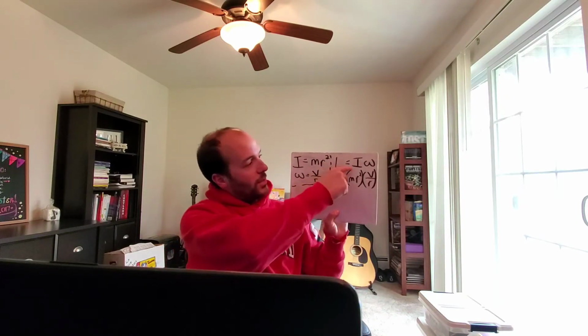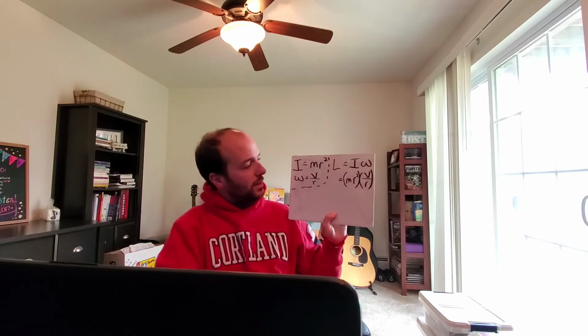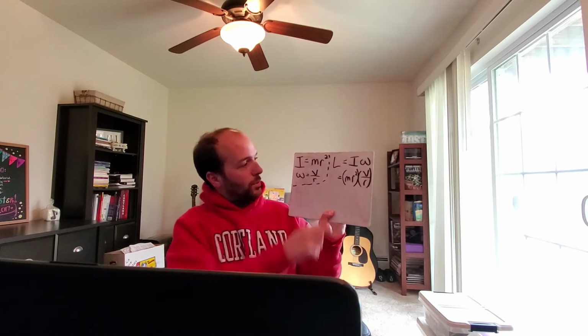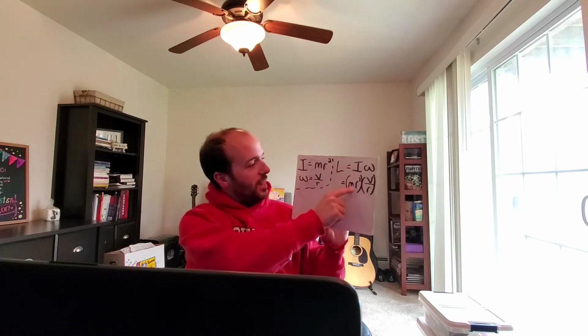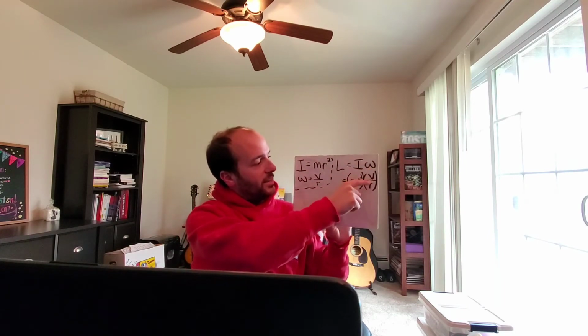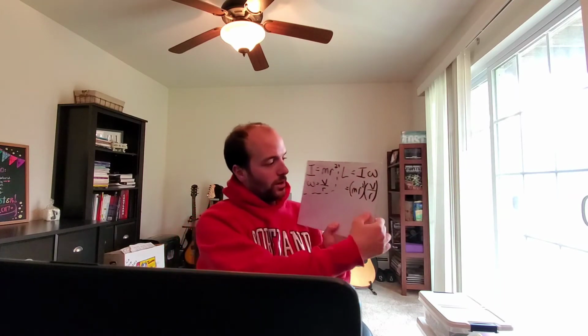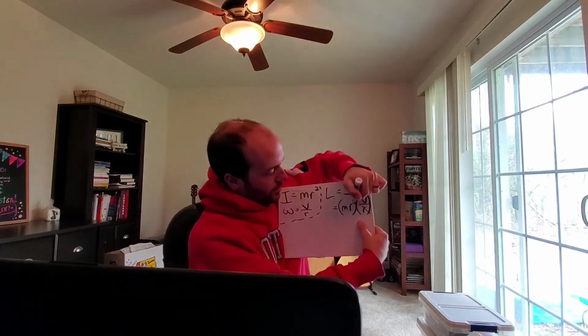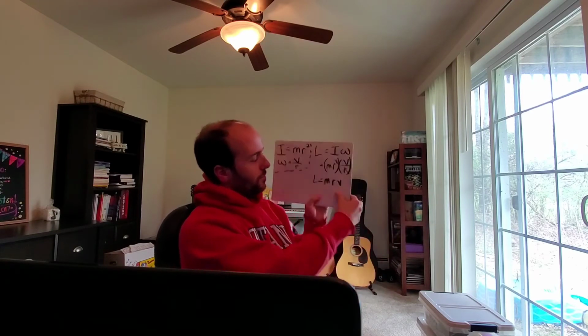Okay, so we have L equals I times omega, and that will equal, when we substitute these things in, I is mr squared, omega is v over r. Well, this r cancels out this r, and we're left with mr times v is our L. We rearrange this a little bit. We can say that L equals m, mass, times v, velocity, times the radius.